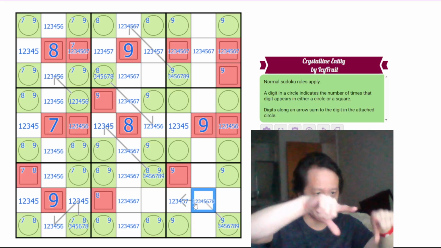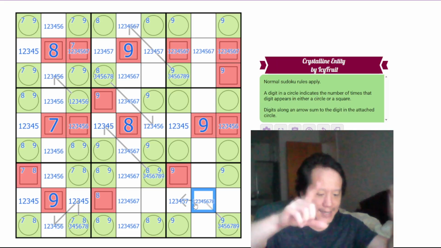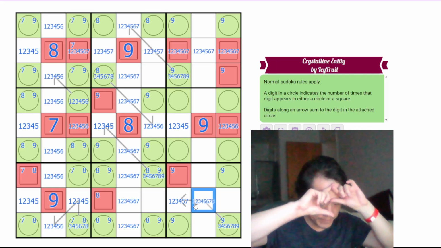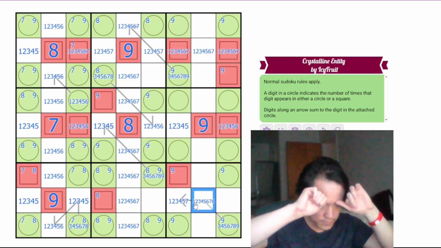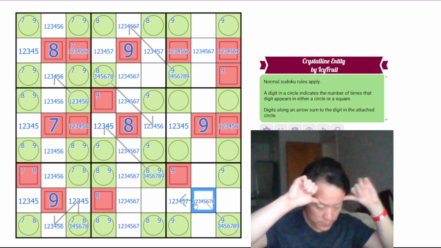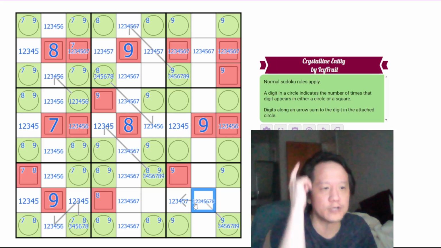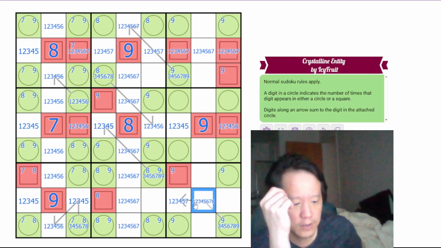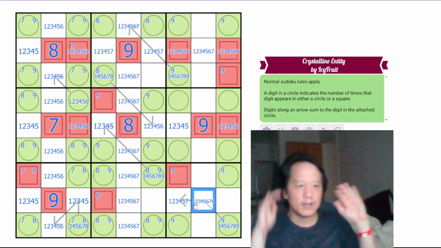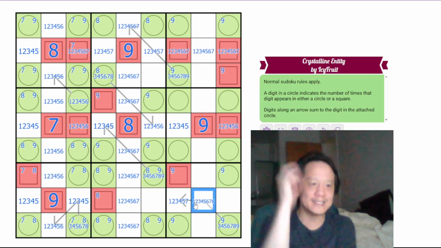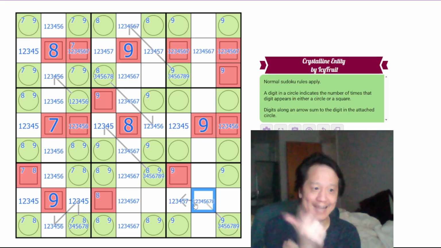The other digits, which are not within. Okay, yeah. So to explain this, every digit that's in a circle is in the circle or square in that exact amount.